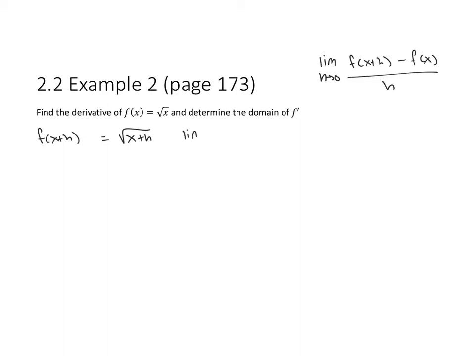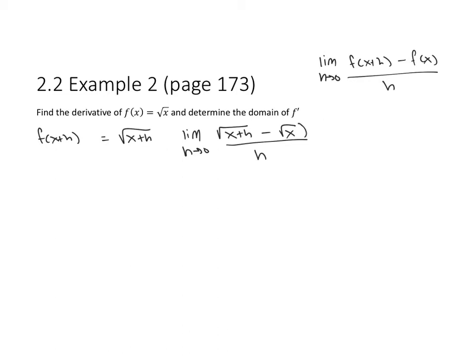Now let's plug it into our limit formula. The limit as h goes to 0 of the square root of x plus h minus the square root of x all over h. Now hopefully remember that when I have these square roots and I plug in 0, I'm going to get my indeterminate form. My next step is to multiply by the conjugate.